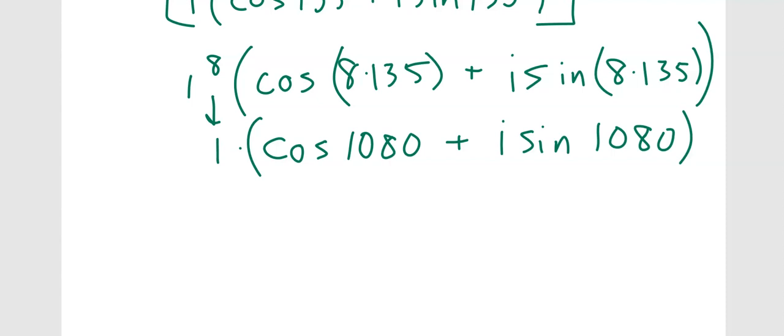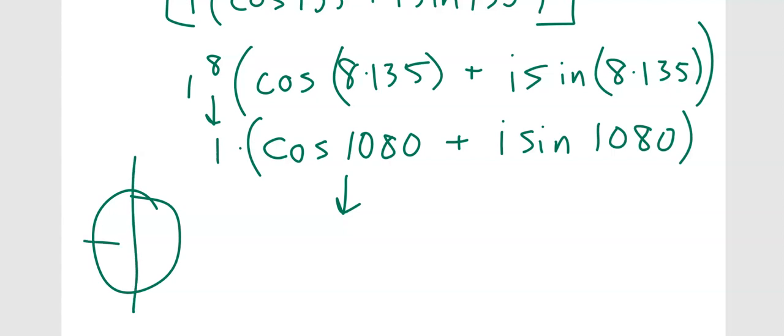Cosine 1080. Ooh, where is 1080? Is that a multiple of 360? It is! Why didn't I remember that? It's 3 times around the circle. 1080 is sitting smack dab over here. So of course the cosine is 1.